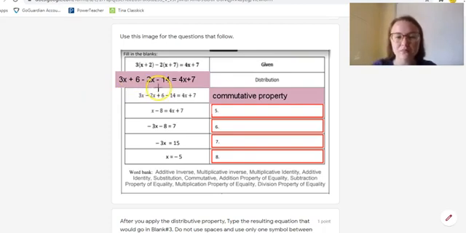Now, to get my next blank here, I do the same thing. I just say, all right, what looks different here compared to what I had up here? So what makes this step different? Well, my 4x plus 7 looks the same. However, on my left-hand side, I've got a whole bunch of stuff happening, really.